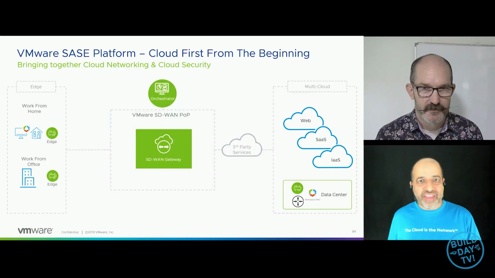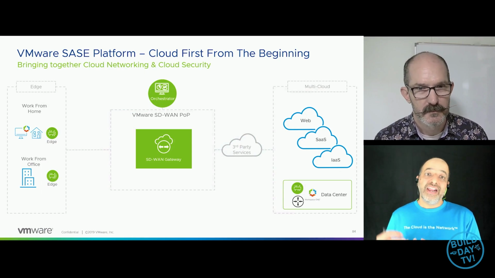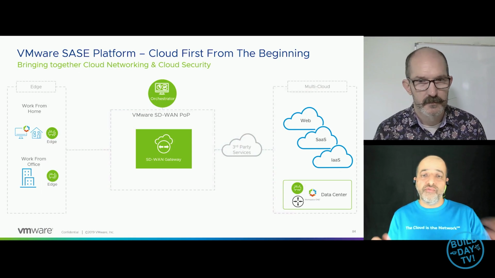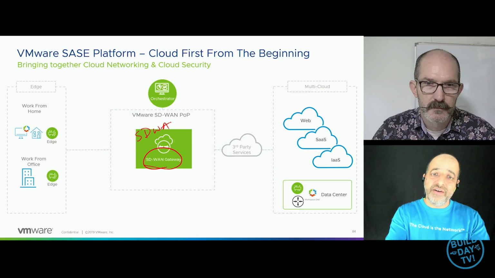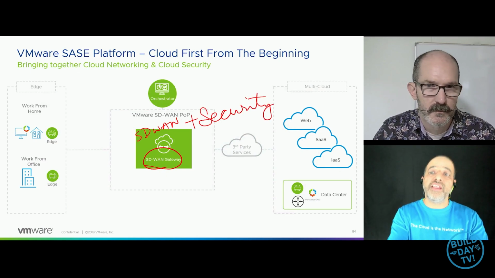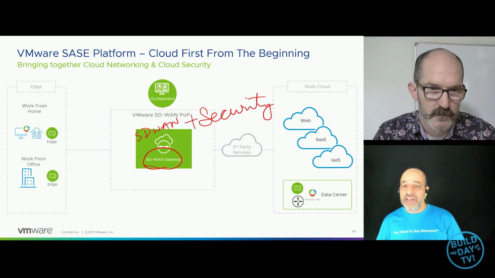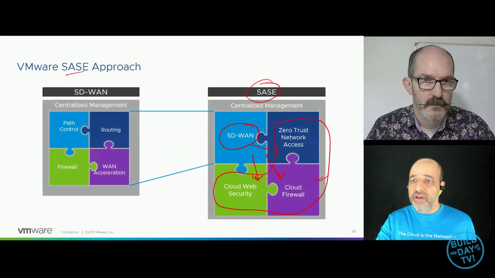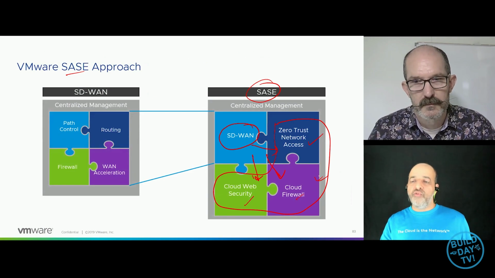So with VMware SASE, we are bringing cloud networking, which is the cloud SD-WAN, and cloud security together. With our VMware SD-WAN gateways, it's going to have the SD-WAN, plus all the security: the secure web gateway, the network access we talked about in the last slide, zero trust network access, cloud web security, and the cloud firewall.